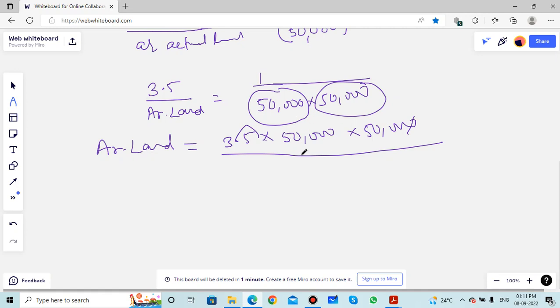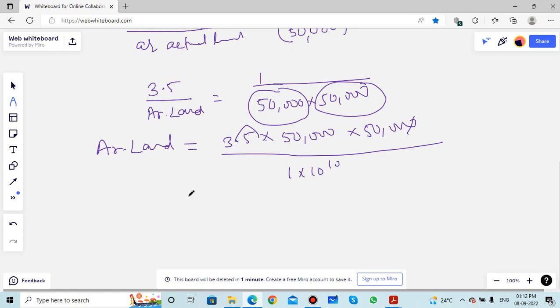Convert this into 50,000 into a kilometer, and then again 50,000 kilometer. Same thing will come here. So I'll write it here. 10 to the power 1 into 10 to the power 10 here. Same thing.